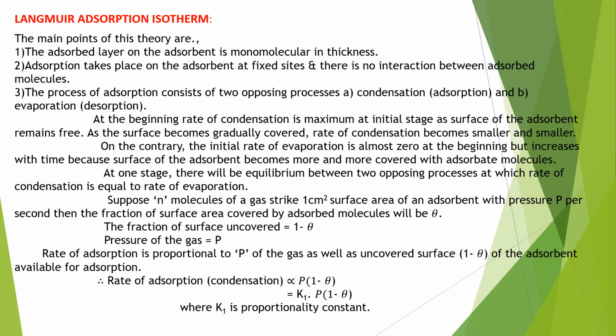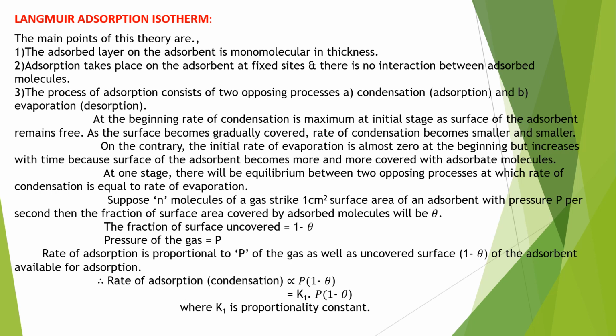So try to notice the difference between the rate of condensation and the rate of evaporation. In the initial stages, the rate of condensation is maximum because the surface is completely free. As the surface becomes gradually covered, the rate of condensation becomes smaller and smaller.